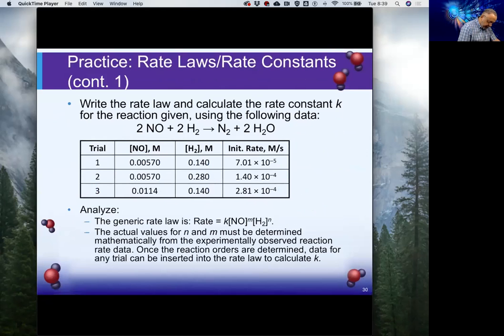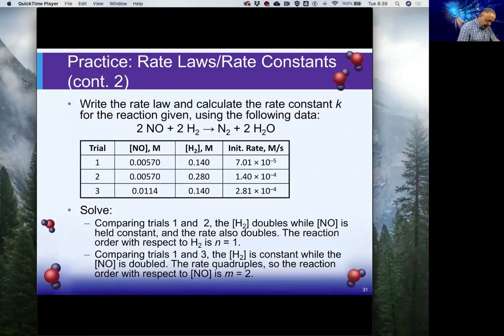So here's the generic rate law again for the analysis. Let me see if I can make it bigger. We need to find the values of n and m, and that's what we try to do. Comparing trials 1 and 2: why 1 and 2? Because that keeps the NO constant and the concentration of hydrogen multiplied by 2.